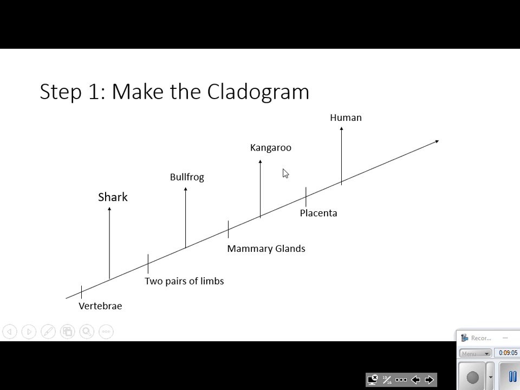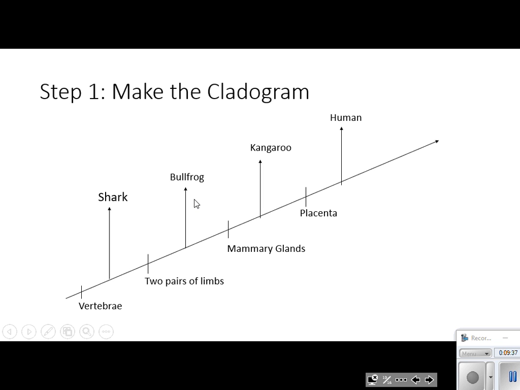We can't say that because we don't know, based on this cladogram. You're probably right, because we all have to start somewhere. But based on this cladogram, what is the common ancestor to everything? What came first? The shark, right?